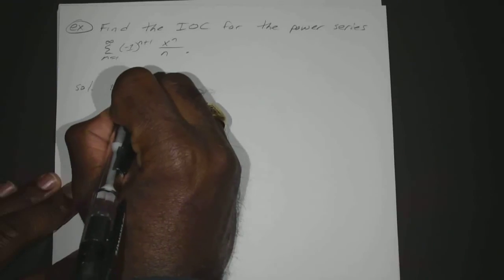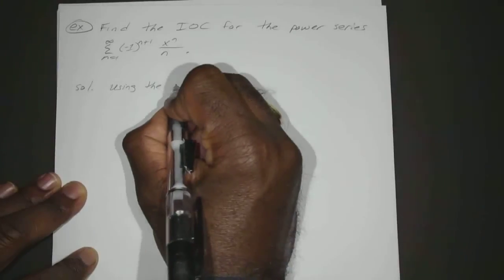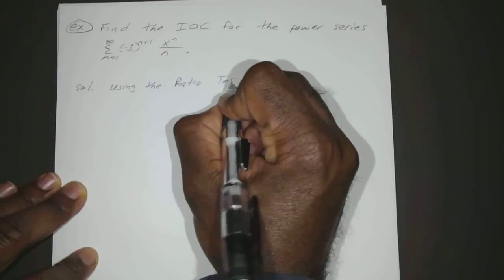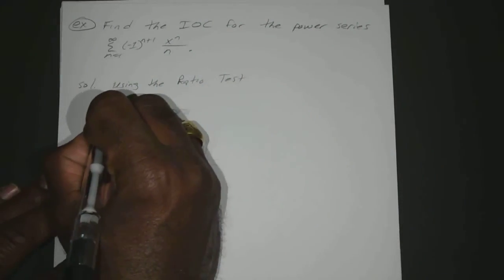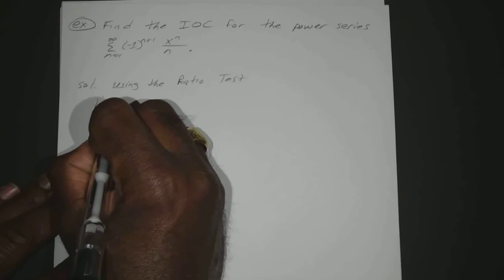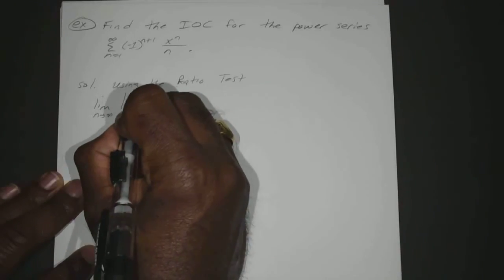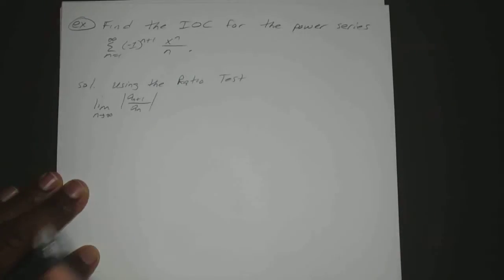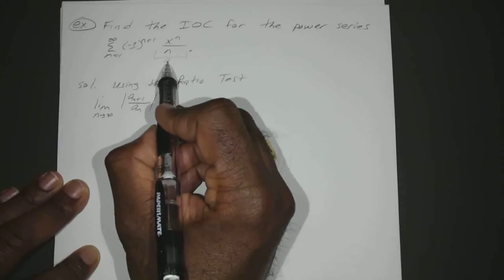Okay. So using the ratio test, which is the limit as n approaches infinity of the absolute value of a sub n plus 1 over a sub n, where this is your a sub n.